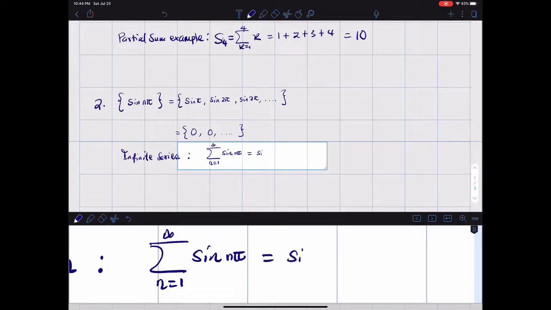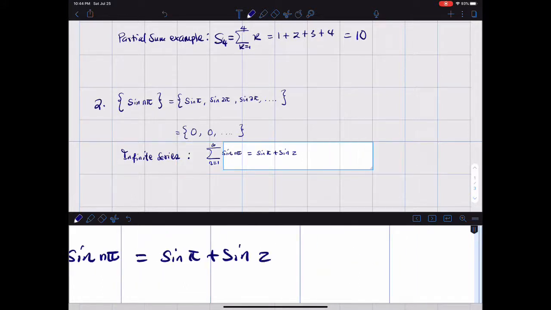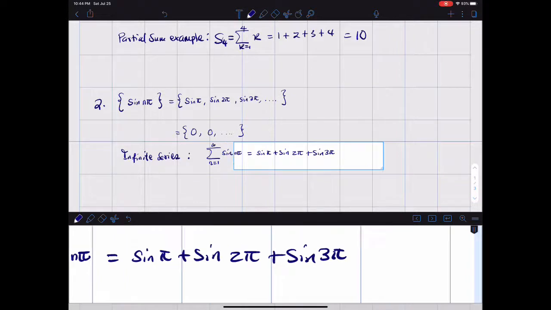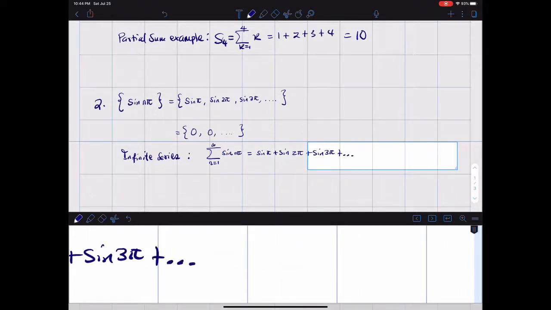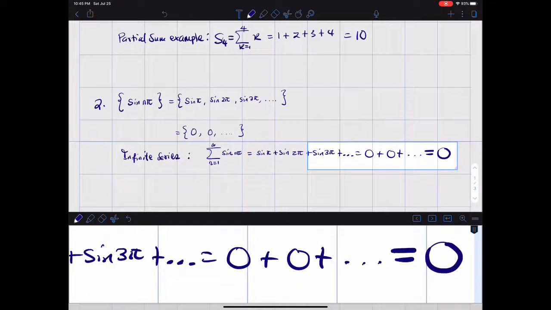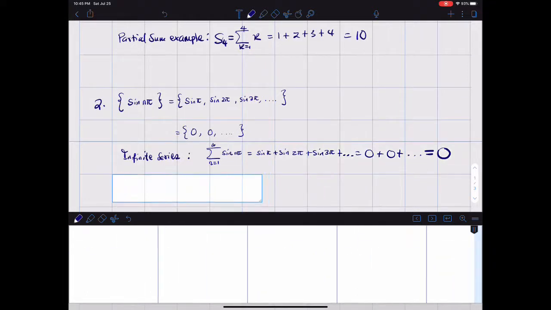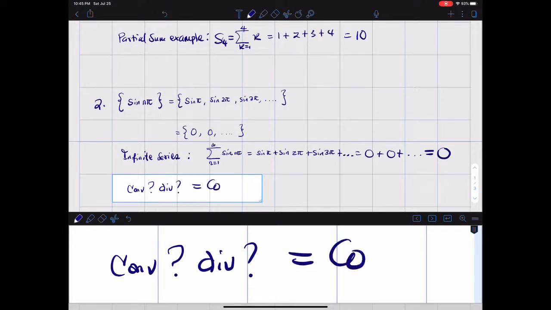This is sine of pi plus sine of 2 pi plus sine of 3 pi, and so forth. But this happens to be all zeros, so this is equal to 0. So this is an infinite series that converges. It actually converges.